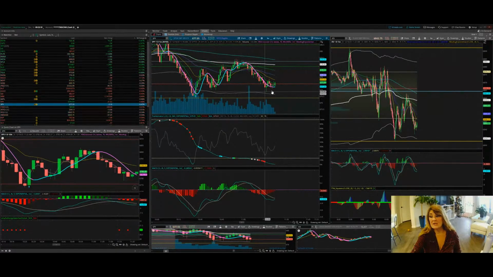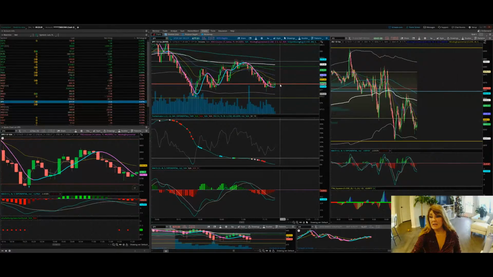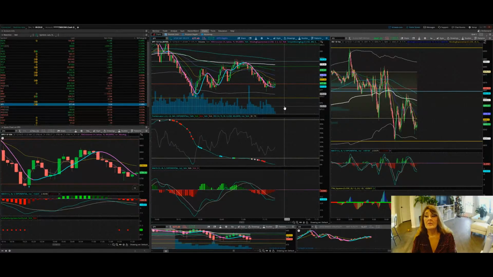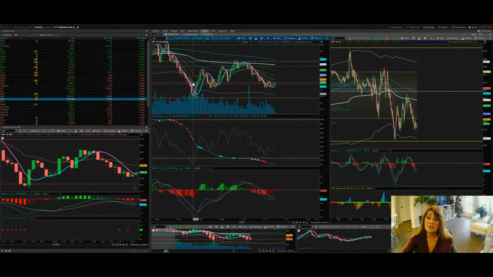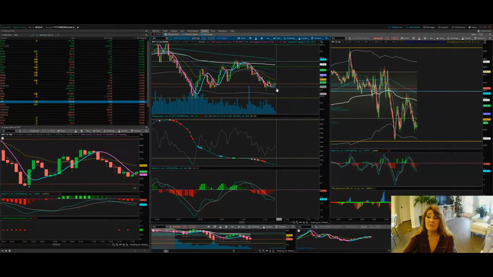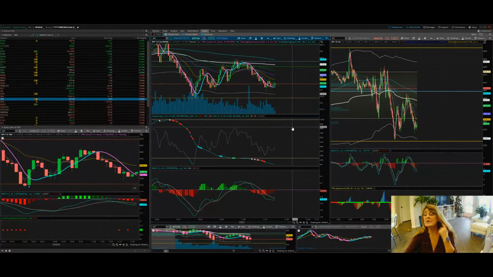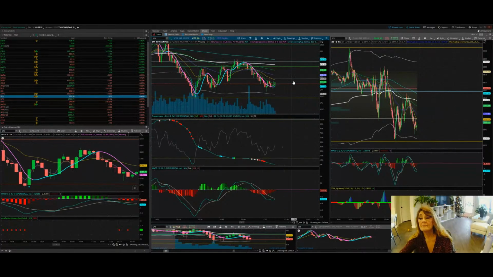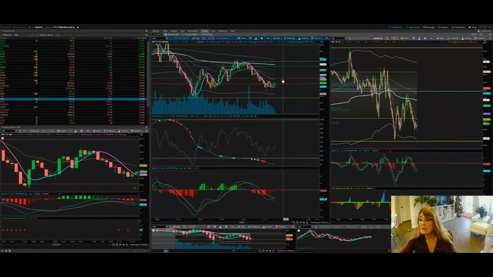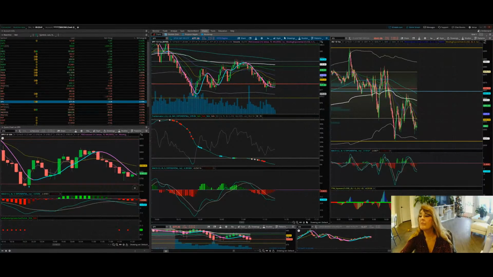So here we are sitting at this line, and let's watch and see if this becomes a support line. They've tried to hold it. So came down, they recovered, came down, they recovered, came down. They're trying to recover. So are we going to hold this as a support zone? We could. That line sits at 677.4.